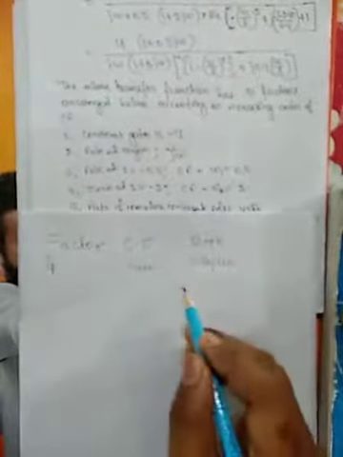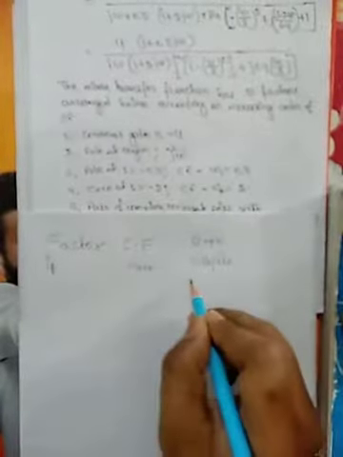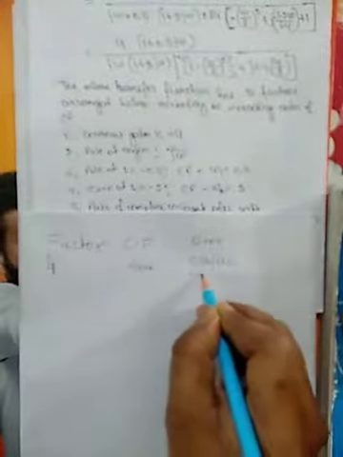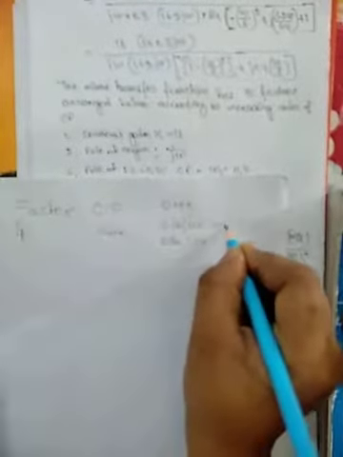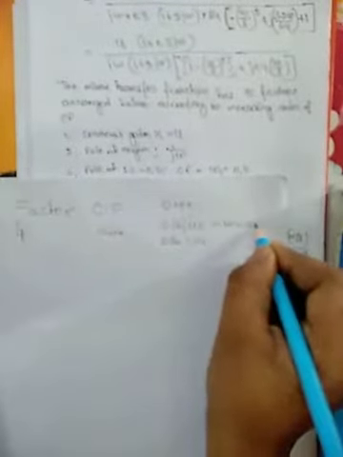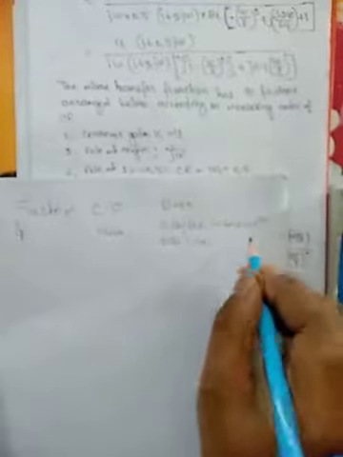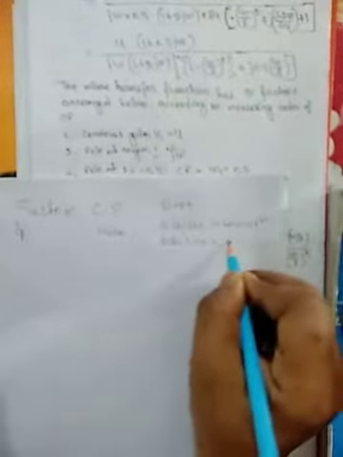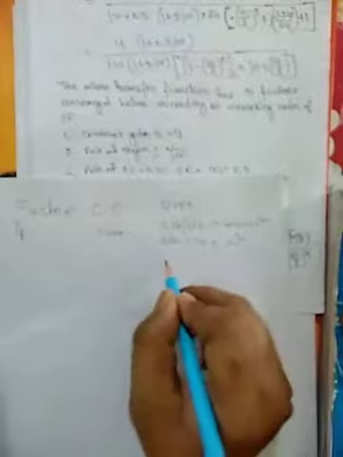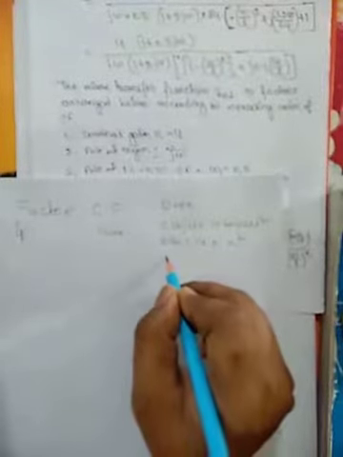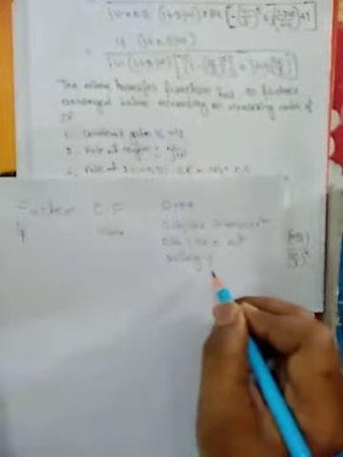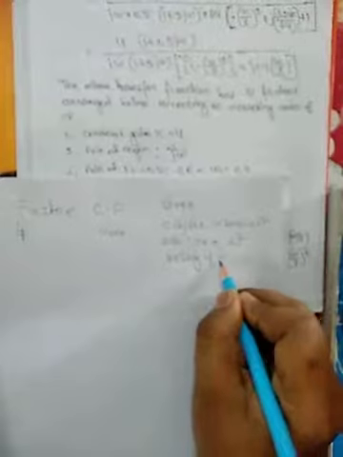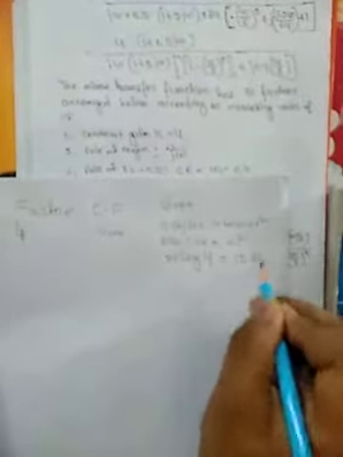It is parallel to the 0 dB line and it intersects the 0 dB line at 20 log 4. 20 log 4 is 12 dB.